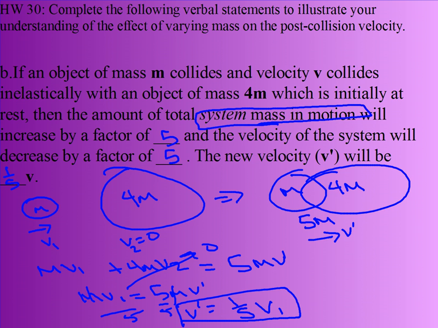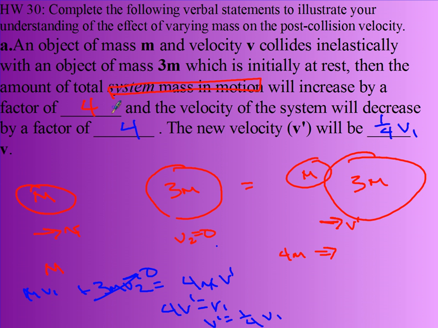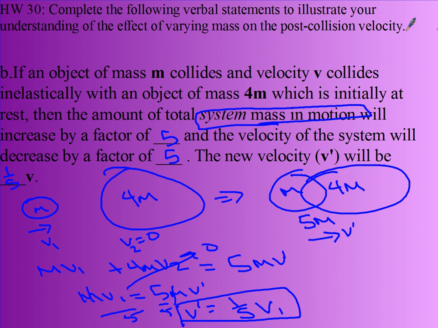Do you see that relationship there? When we increase the amount of system mass moving by a factor of 5, the final velocity in an inelastic collision is 1/5 the original velocity.